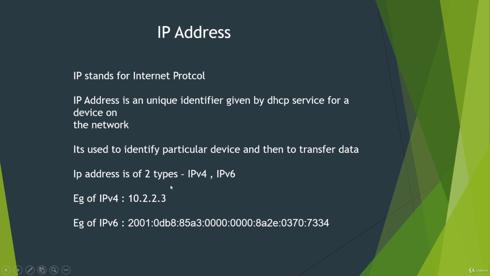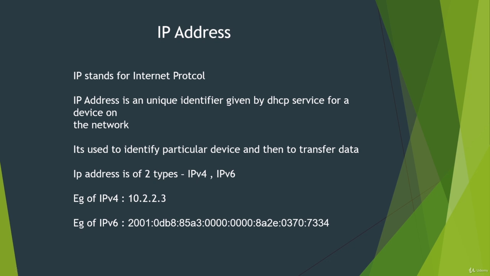And IP addresses are of two types, guys: IP version 4 and IP version 6. So IP version 4 is a 32-bit binary number, and IP version 6 is a 128-bit hexadecimal number. The reason these exist is that first there was IP version 4, and then the addresses were being consumed by every device connected to the network.